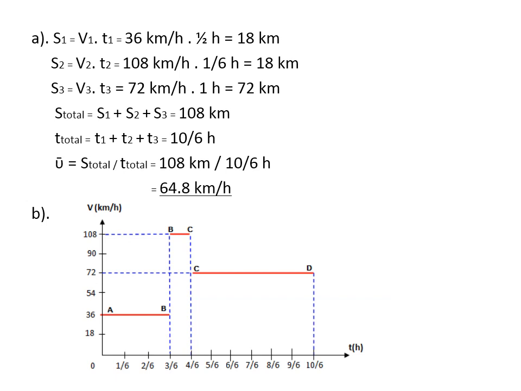The car moves with constant speed 108 km per hour. And for the third motion, the car moves from C to D in the time interval between 4 per 6 hour and 10 per 6 hour. The car from C to D moves with constant speed 72 km per hour.